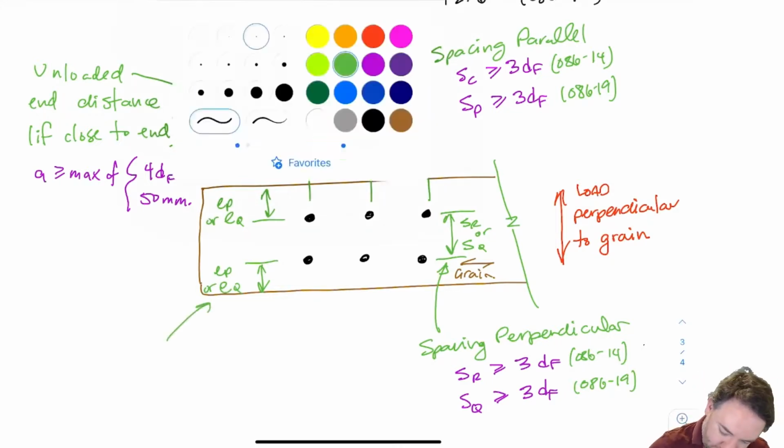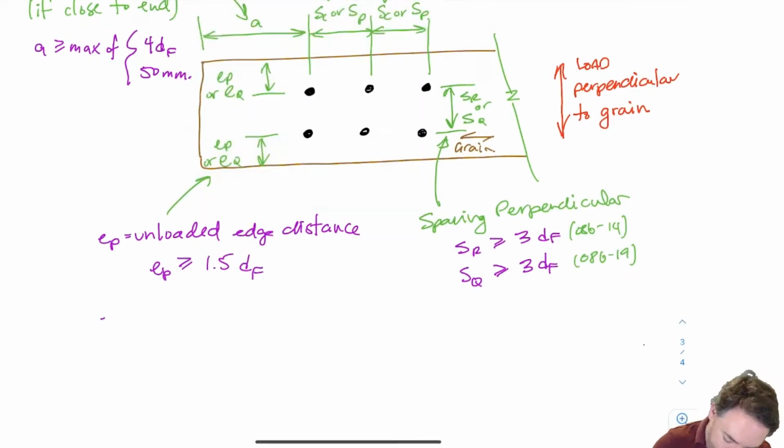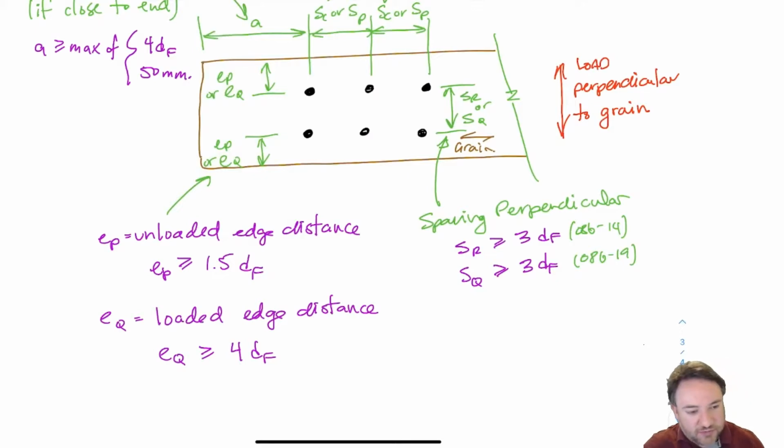So the requirement for the edge distance spacing is greater if I'm looking at the side that is loaded versus unloaded. So if this bolt is trying to push down out of this member, then the loaded edge distance is the bottom distance here, which is the distance between the bolt and the loaded edge.